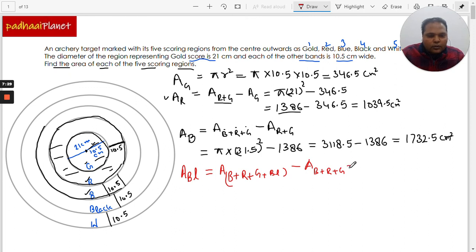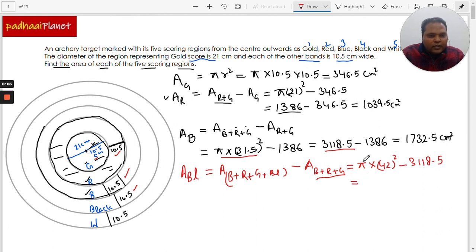So now I'll put the value of this. So this is going to be pi, and now we are talking about 4 circles. So 1, 10.5, then there's the second width, the third and the fourth. So this is going to be 42. So 42 whole square minus the area of blue, red and gold. So that's going to be this one. So the value of this is 3118.5.